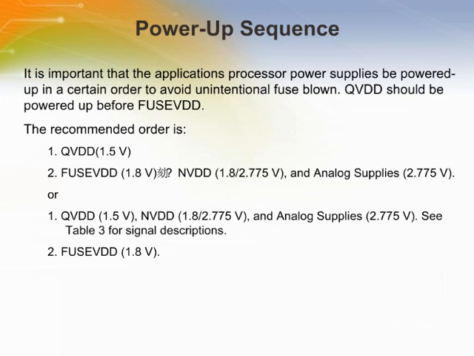The i.MX27 and MX27L processors consist of three major sets for power supply voltage named QVDD, that's for the core logic supply, Fuse VDD, that's for the analog supply for the fuse box, and NVDD and VDDA for I/O supply. The external voltage regulators and power-on devices must provide the applications processors with specific sequence of power and resets to ensure proper operation.